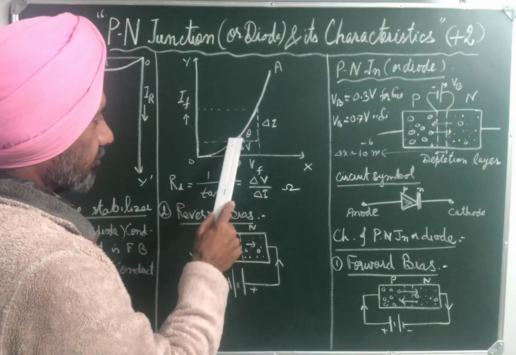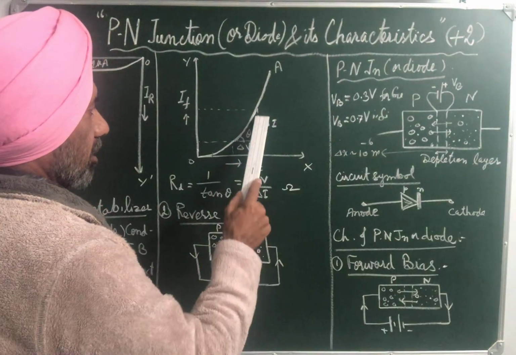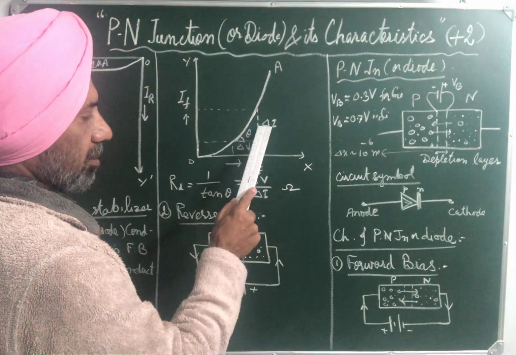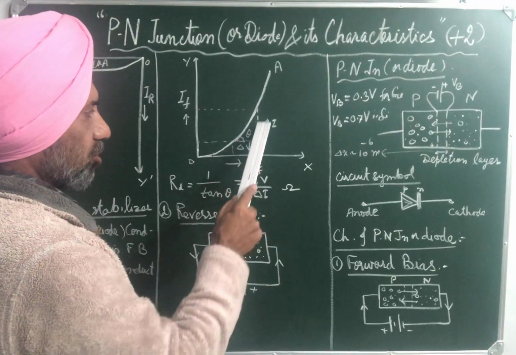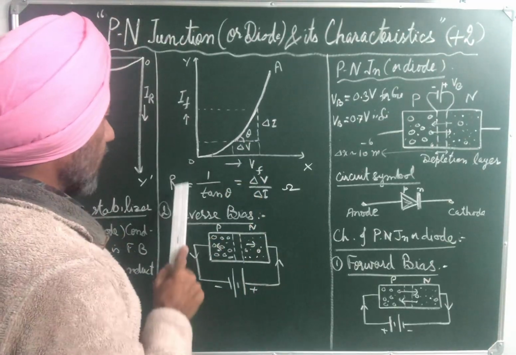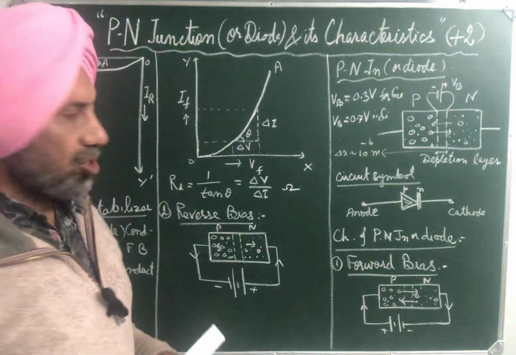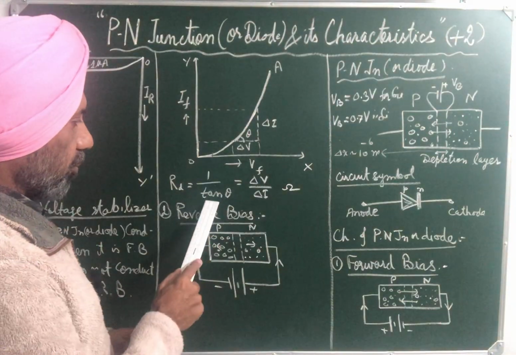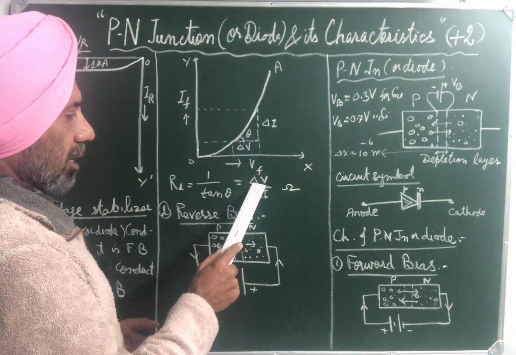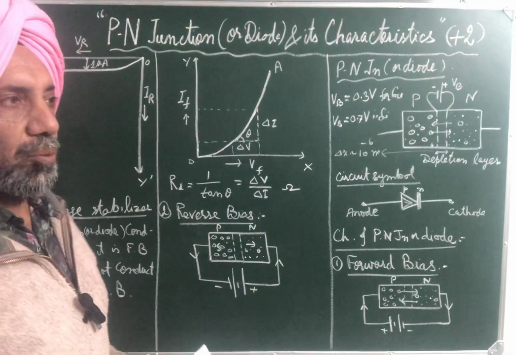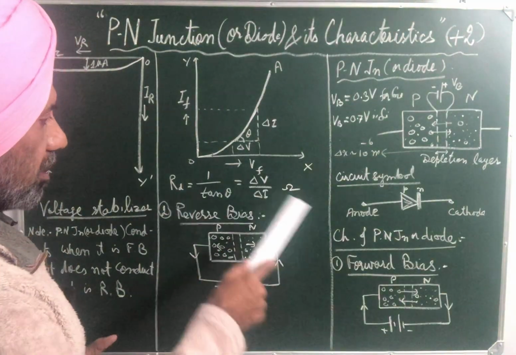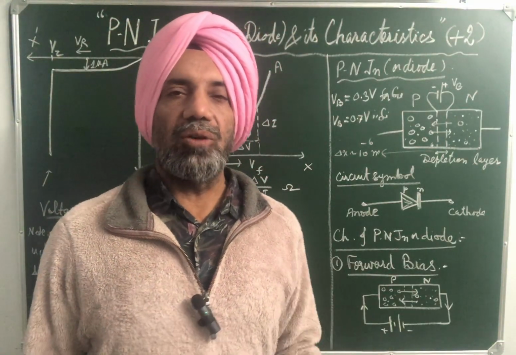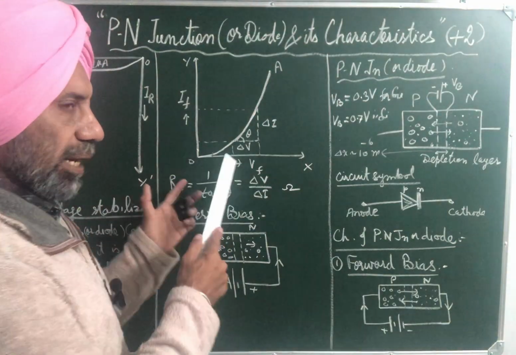And if we calculate the slope of this graph, delta V is the change in voltage corresponding to change in current delta I. Then RD, the resistance of the diode, is given by 1 upon tan theta. Tan theta is the slope, so the resistance is the reciprocal of the slope of the curve, that is delta V upon delta I. So it means during forward bias, current increases rapidly with the increase of voltage beyond the potential barrier.